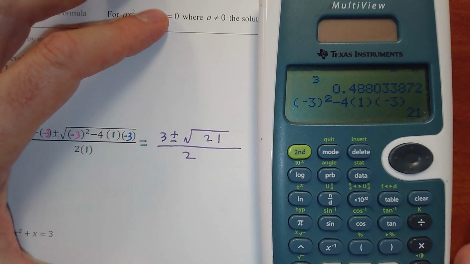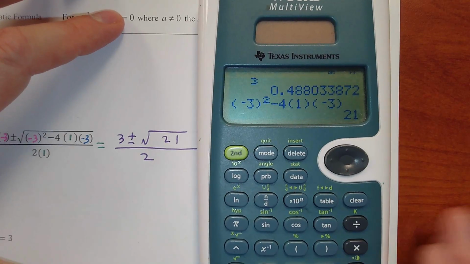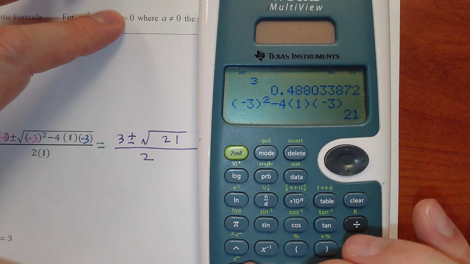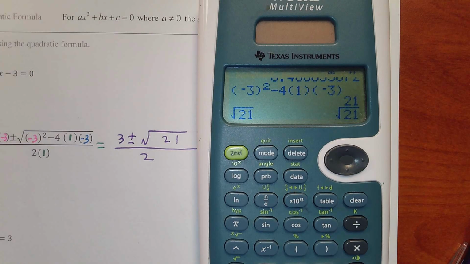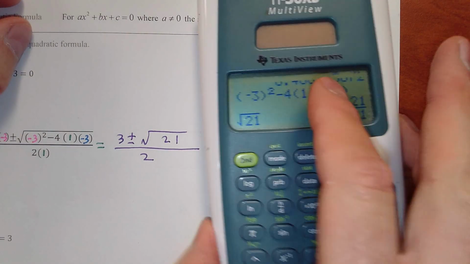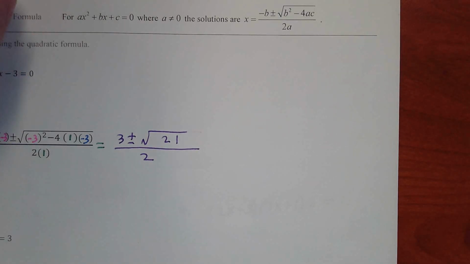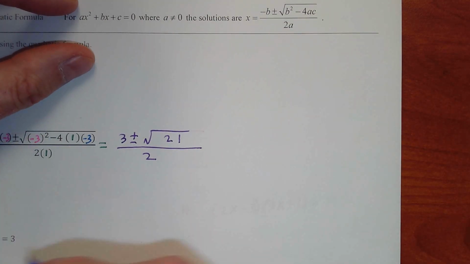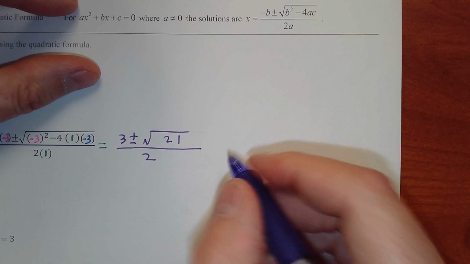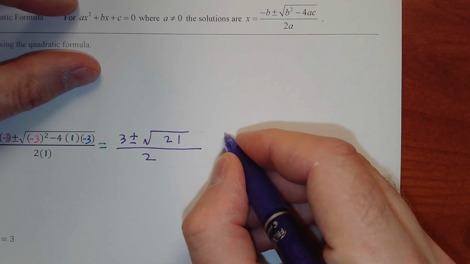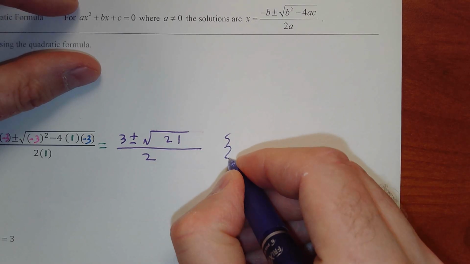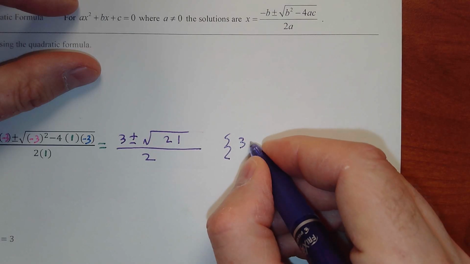And the square root of 21, you're not going to be able to break that down. You can just check it real quickly. If you have a TI-30XS, it doesn't break down. So this would be our solution. And you'll see this written two ways. You might see it written this way.